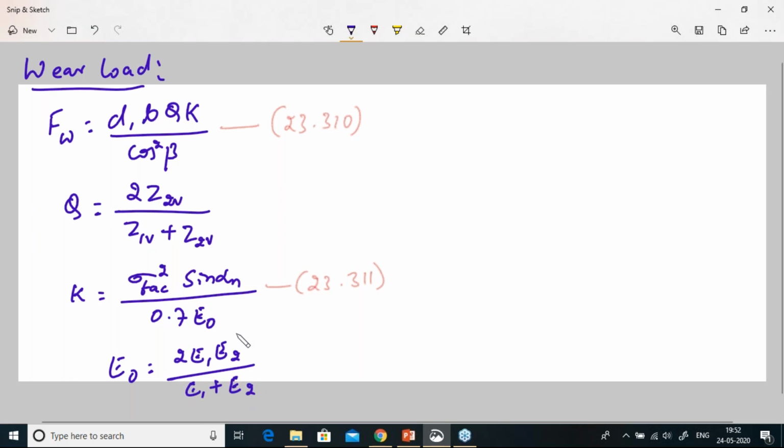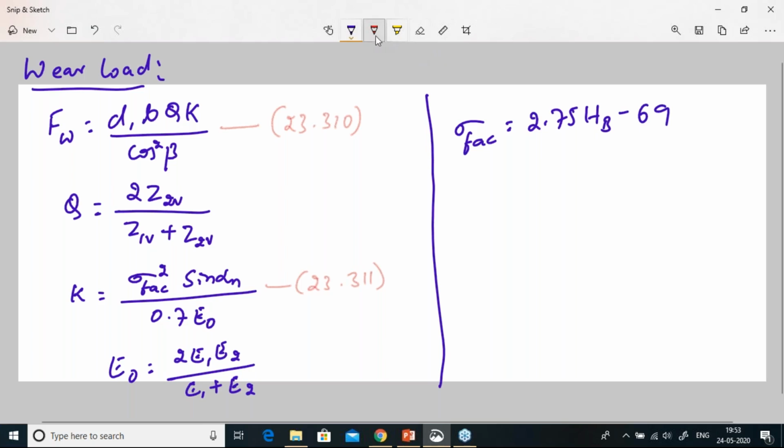So E1 and E2 are the Young's modulus of pinion and gear respectively. And sigma FAC is equals to 2.75 times of HB minus 69. Equation number 23.294a. So by substituting all these values in this equation, we can get the value of wear load. Always wear load FW should be greater than dynamic load FD.